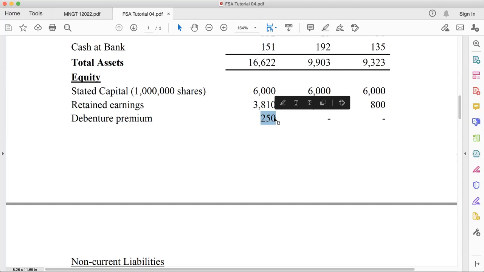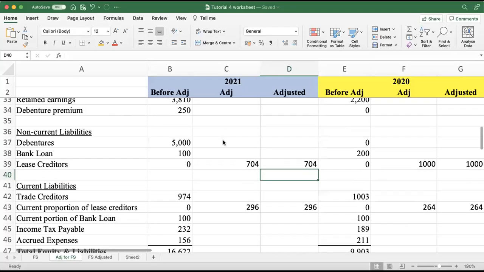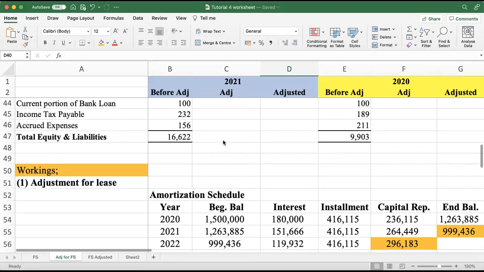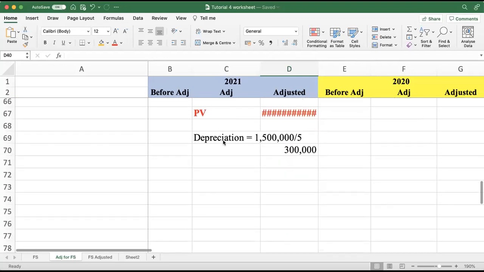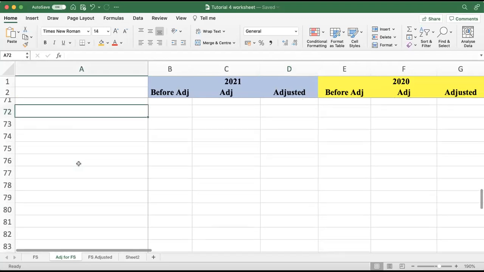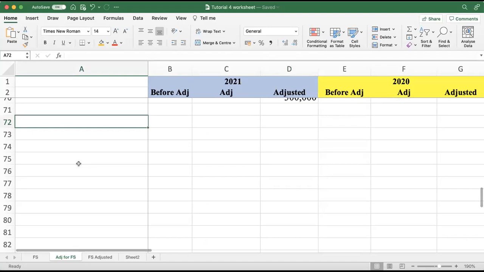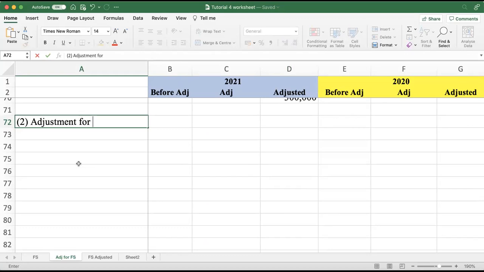Now you find the amortized cost. You can have working number 2, adjustment for debenture.